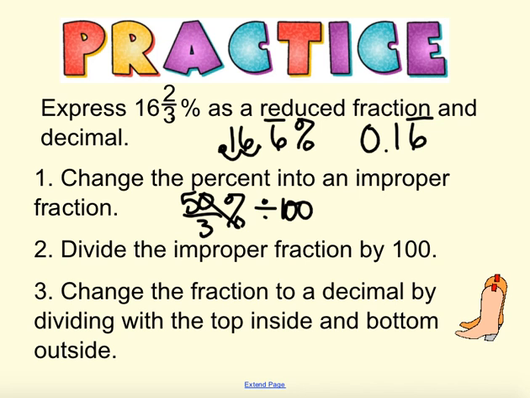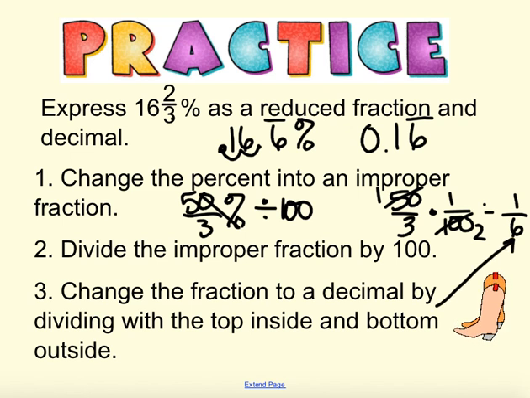Remember that if I'm dividing fractions, I copy the first fraction, 50 over 3, and then multiply by the reciprocal, 1 over 100. What's nice about this one is we have some things that we can reduce. 50 goes into 50 once, 50 goes into 100 twice, so we get 1/6. That is our fraction. And we can see that 0.16 repeating is 1/6. So we did our job correctly.